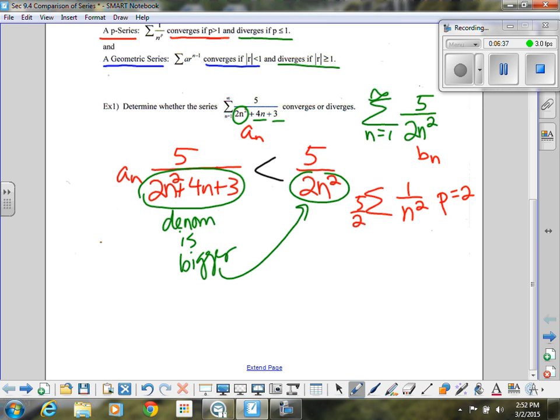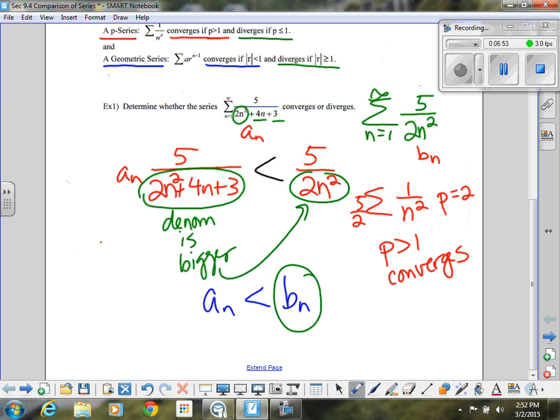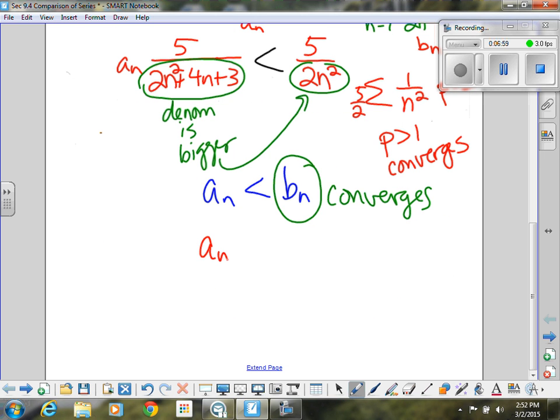So since p is greater than 1, then we know that this is going to be converging. All right, so since my a sub n is less than b sub n, and because b sub n converges, then my a sub n also converges by the comparison test.